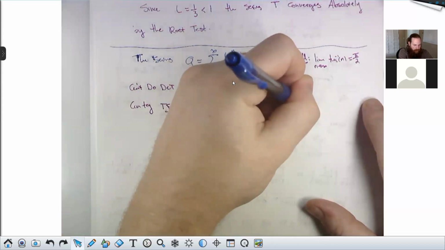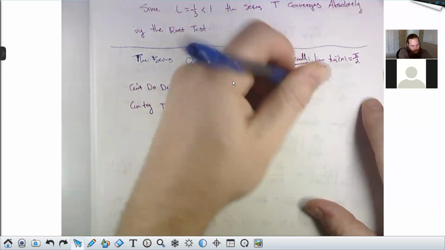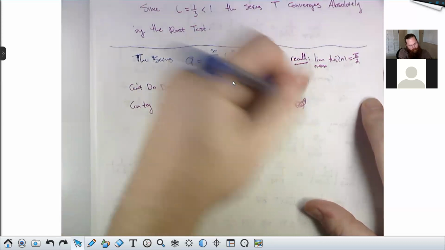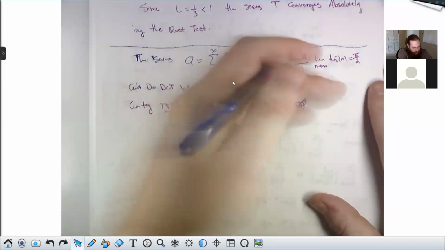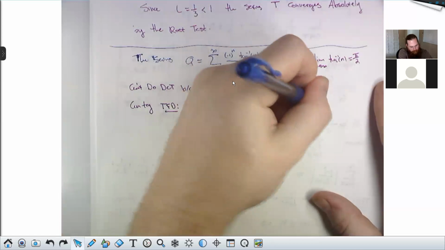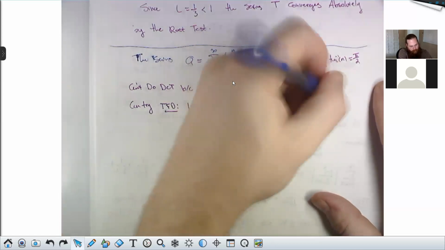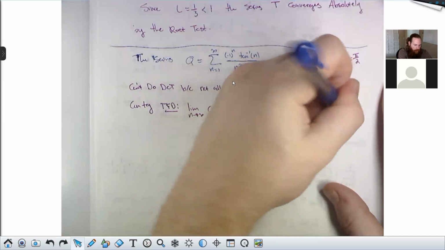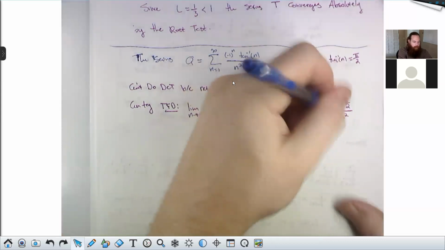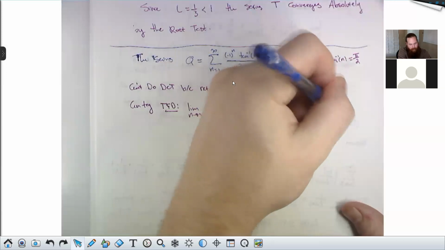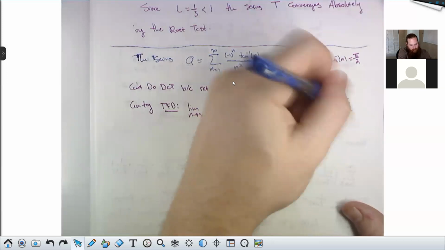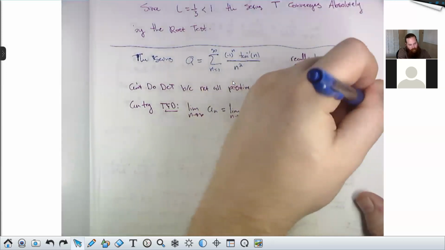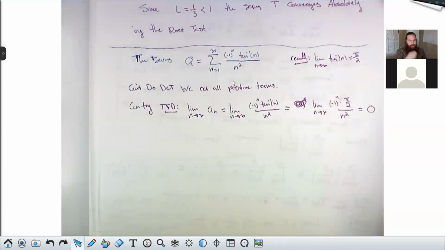The -1 to the n piece bounces back and forth, so the limit is actually kind of hard to take, right? But that's the limit as n goes to infinity of -1 to the n times pi over 2 all divided by n squared. The negative 1 to the n makes you bounce back and forth from positive to negative, but the n squared downstairs goes to infinity. So this is actually 0. The arctan just goes to pi over 2. So that's inconclusive.